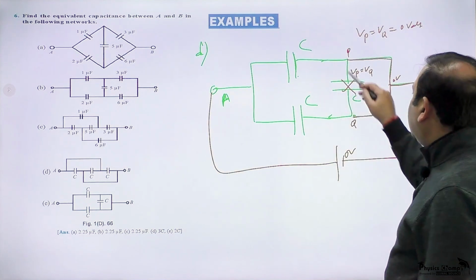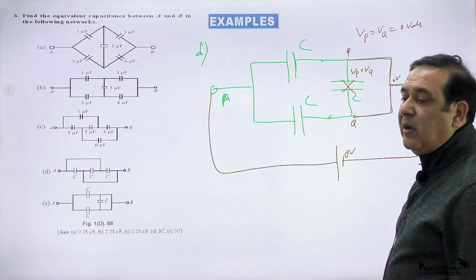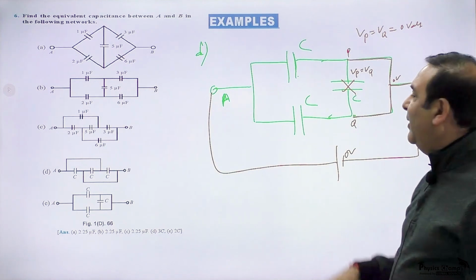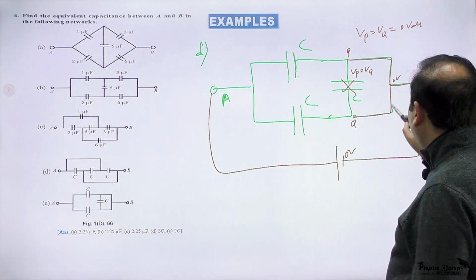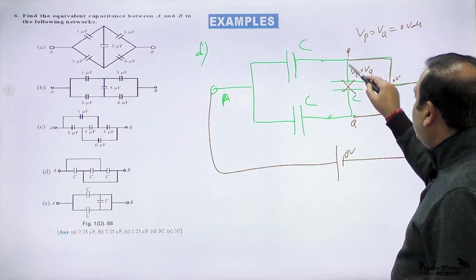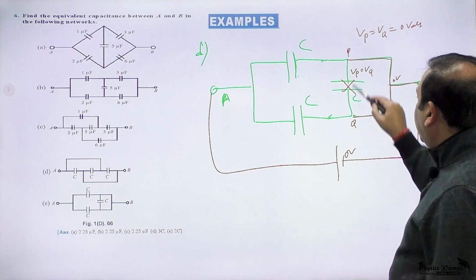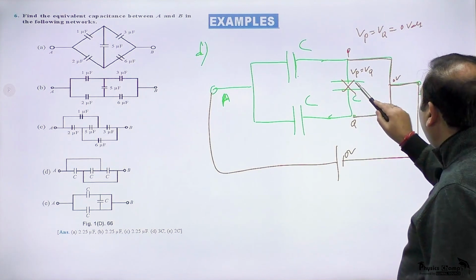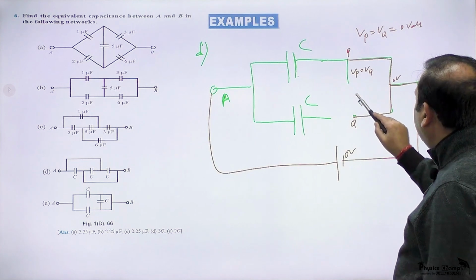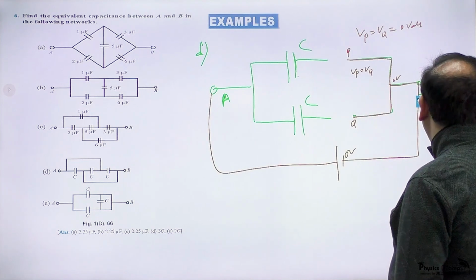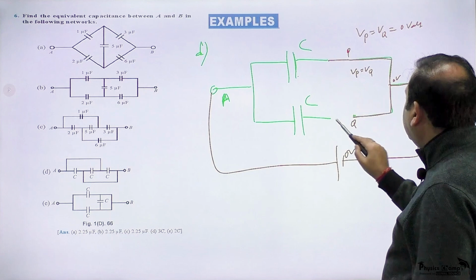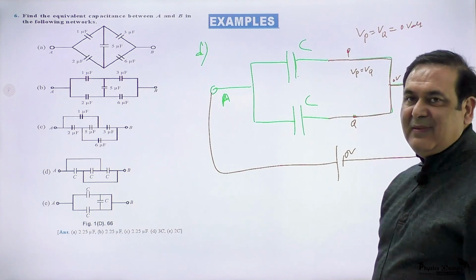There will be no charge flowing into this. Charge always flows through the shortest path, through the easiest path. So this is the easiest path, no charge will flow through it. They are at the same potential, thus this C4 is ignorable here, and if I ignore it, it is like this.